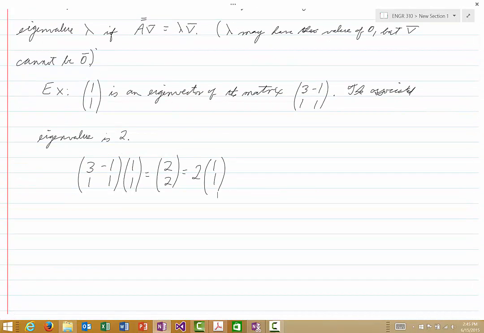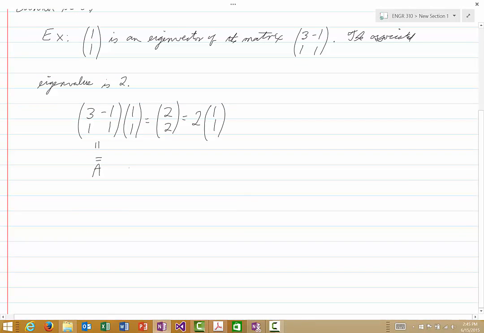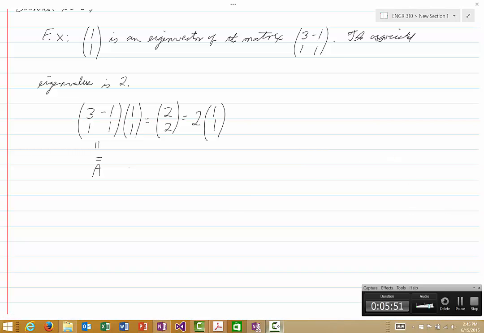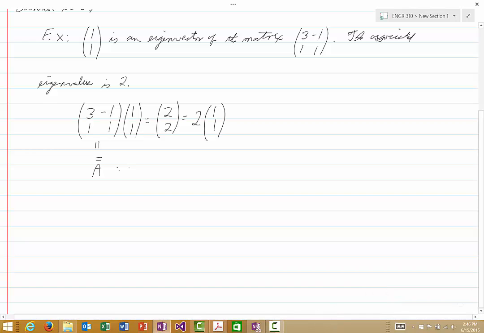So the matrix 3, -1, 1, 1 is equal to A, the vector 1, 1 is playing the role of v, and over on the extreme right of the equation we have 2 times v.